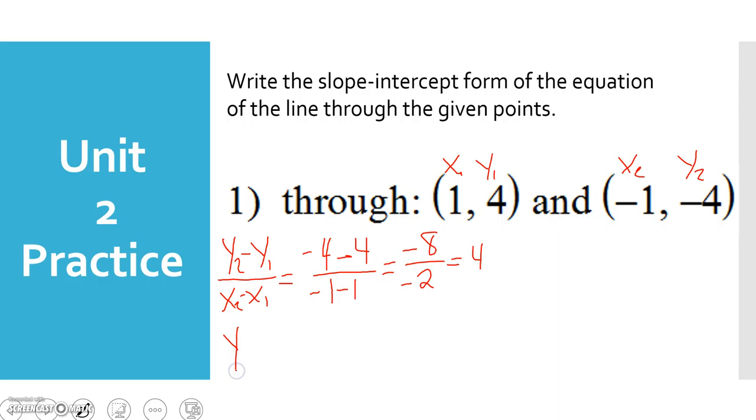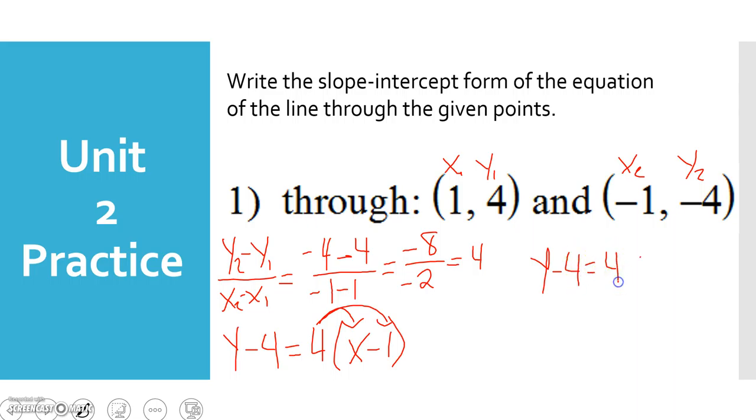So we have y minus y1, which is 4, equals m, which is 4, times x minus x1, which is 1. So again, that same point-slope form that we used last time. So we're going to go ahead and distribute. So we have y minus 4 equals 4 times x is 4x, and 4 times negative 1 is negative 4.